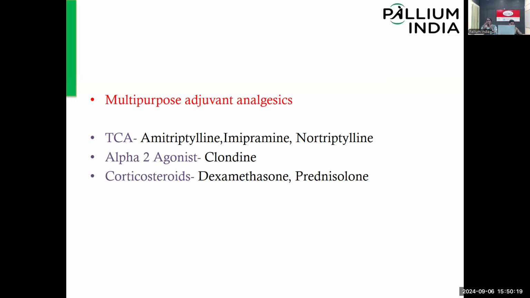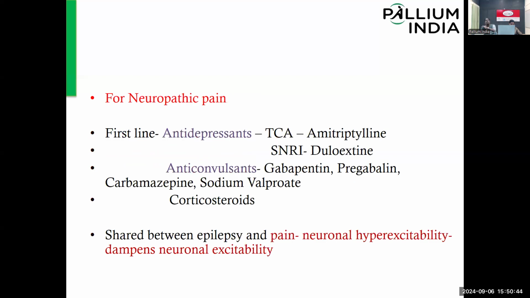Usually, the dose used for analgesia is much less than the dose for their primary action. If we are using amitriptyline, the dose used for the antidepressant action is more than when using it for the analgesic effect. So a lower dose is usually used for amitriptyline for the analgesic effect. Usually, we start amitriptyline at 12.5 mg HS.